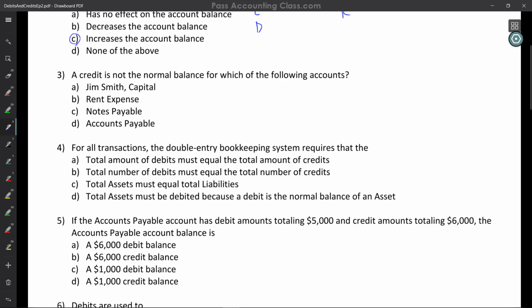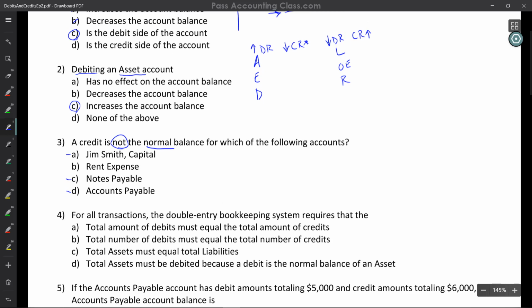For the next question, it says, a credit is not the normal balance for which of the following accounts? And so what we want to do here is we're looking for the normal balance, but we're also looking for this word here, not. Well, a credit is a normal balance for the capital account. A credit is a normal balance for notes payable. And a credit is a normal balance for accounts payable.